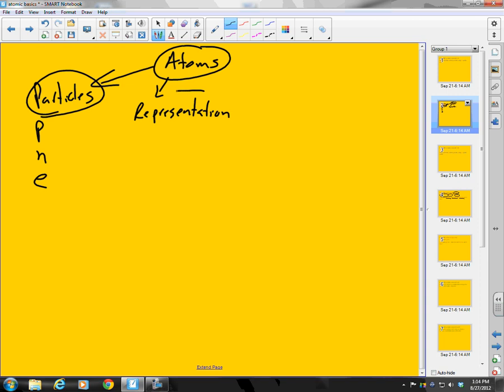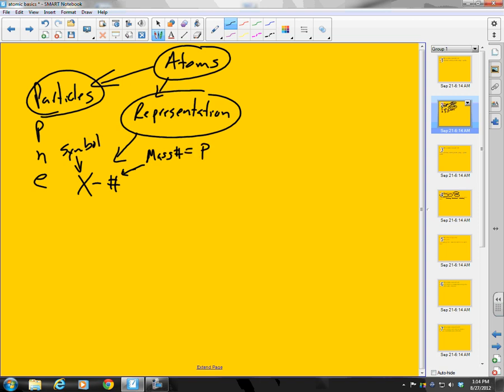I could represent atoms, and one way is to have an X dash number, and we said that the X was the symbol for the element, and that the number was something we called the mass number, right? And we said that the mass number is equal to the number of protons plus the number of neutrons.